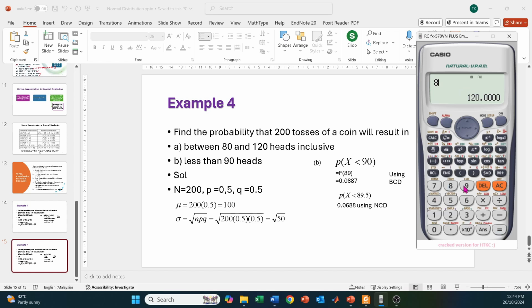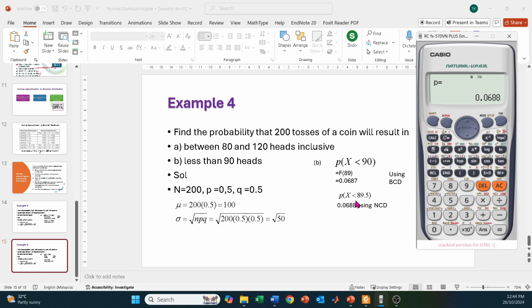Upper is 89.5, sigma is the square root of 50, and mu, the mean, is 100. So you get 0.0688, differing only in the last digit.